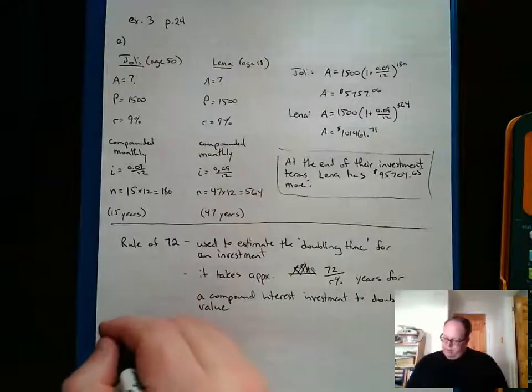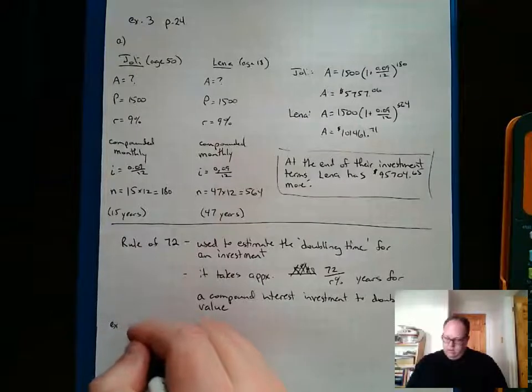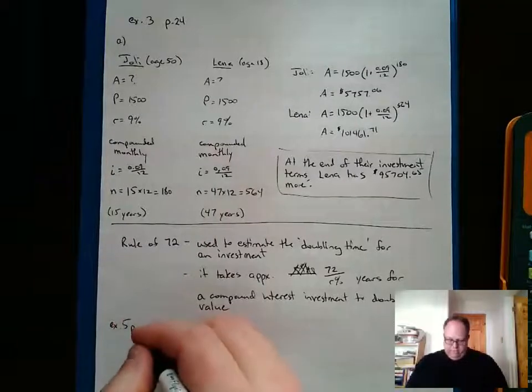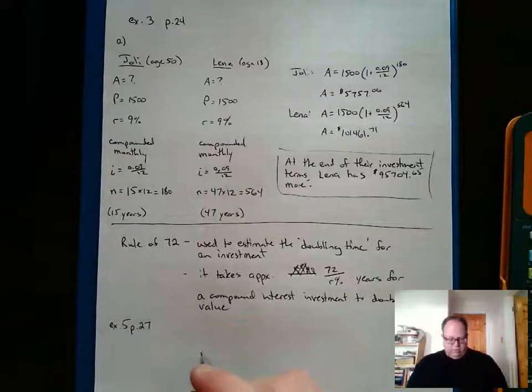An example that follows this is example 5 from page 27, and I won't do both examples, but I will do one. It describes Berta and Chris investing $5,000 by purchasing Canada Savings Bonds. Berta's Canada Savings Bond earns 8% compounded annually, while Chris's Canada Savings Bond earns 9% compounded annually. Estimate the doubling time for each.